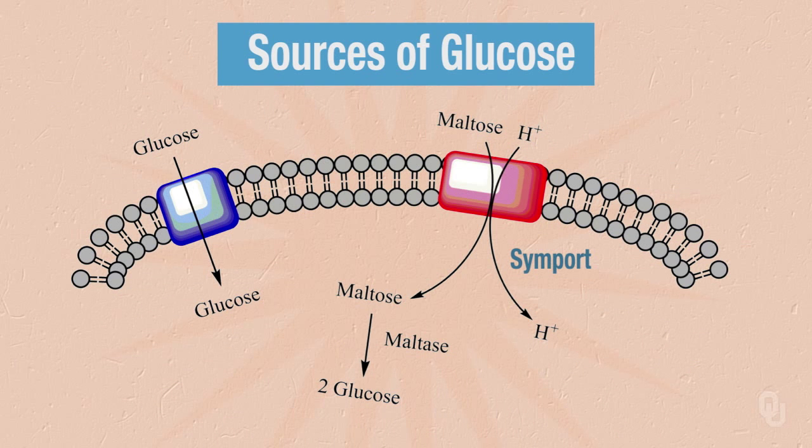That is called symport. So there is a maltose hydrogen ion or maltose proton symporter that brings in maltose and the hydrogen ion. The maltose can then undergo a reaction catalyzed by the enzyme maltase and form 2 glucose molecules. So now we are ready to discuss glycolysis.